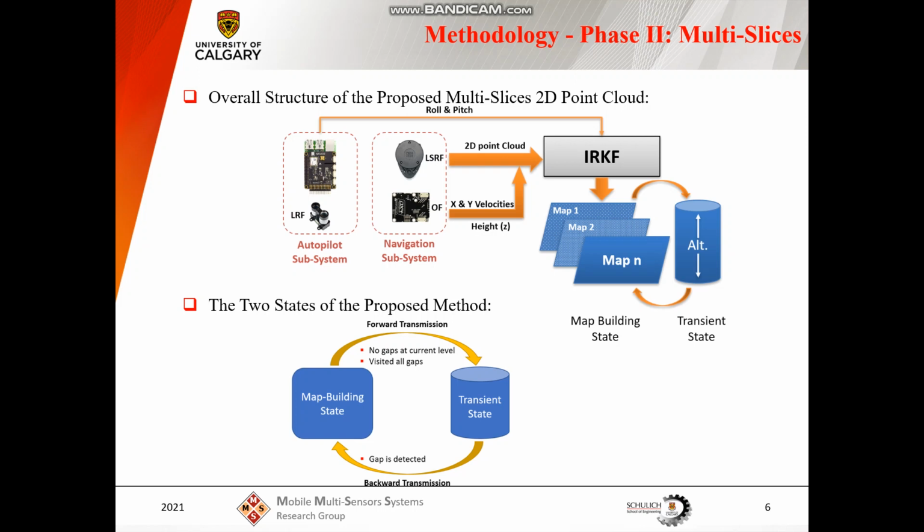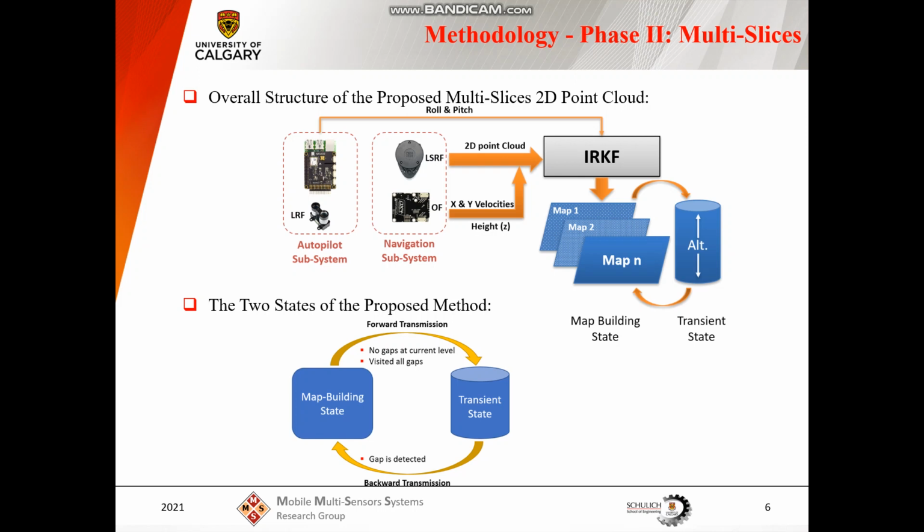The scan matching process is implemented between each of the two successive scan frames until the end of the transit state in order to estimate the transformation parameters between the previous constructed map and the next map using the utilized IRKF algorithm. If a gap is detected at a new height, the proposed method is switched back to the map building state to construct a new map at the new height.